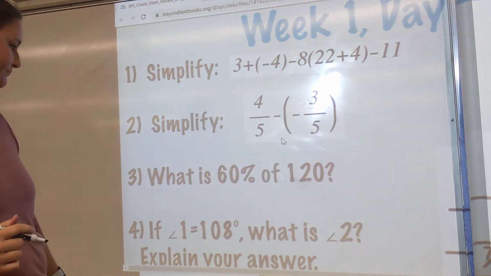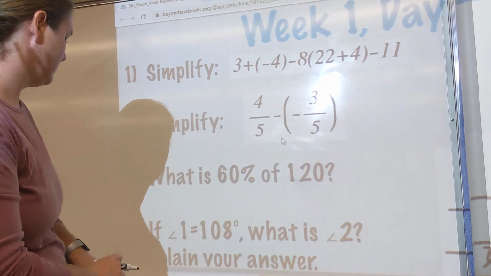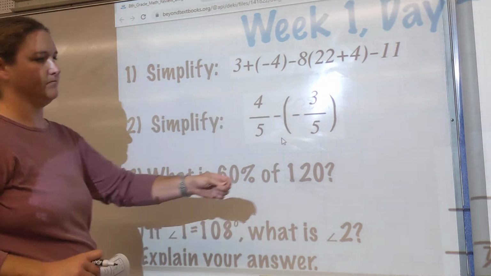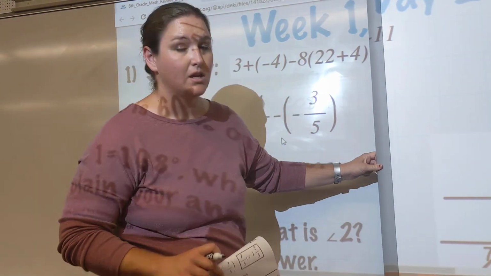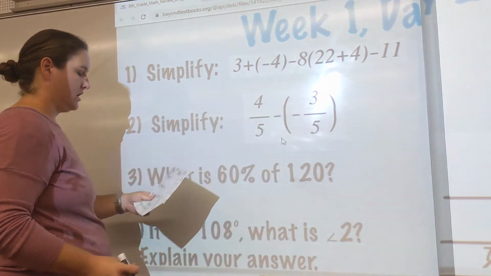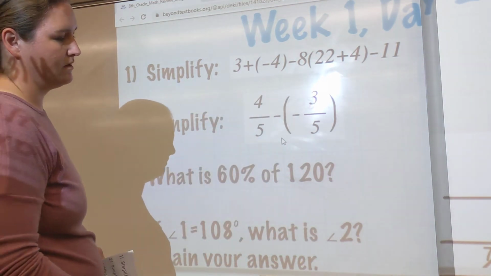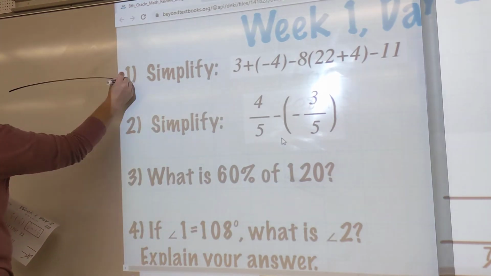Number 4, number 1, that's what it is. I don't know if you guys can see it. Look on your own things, your papers, okay? If number 1, well, maybe we'll just go ahead and write it over here.